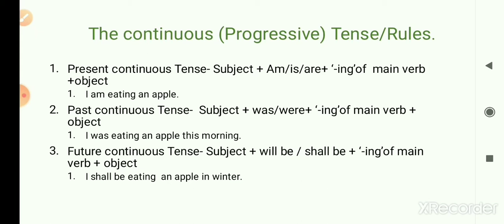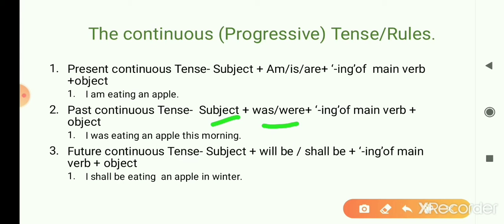Past continuous tense. Here, whatever is in present tense will become past in the past tense. Am and is will become was, are will become were. Subject plus was or were plus ing of main verb plus object.